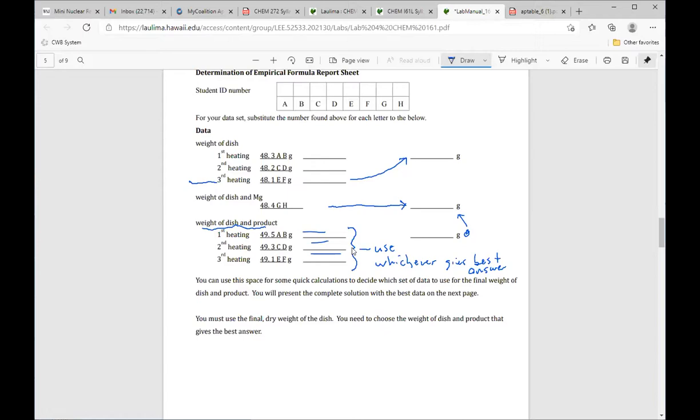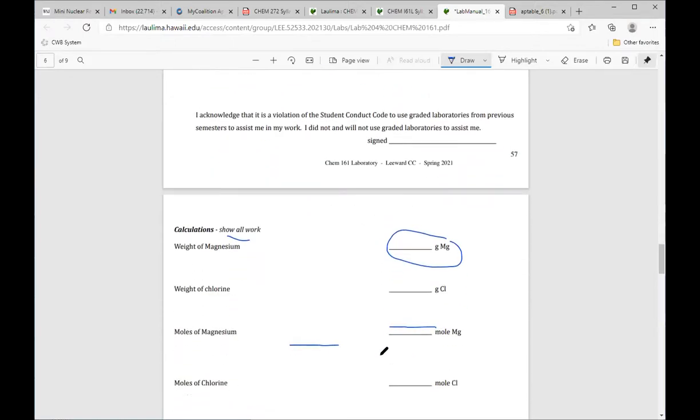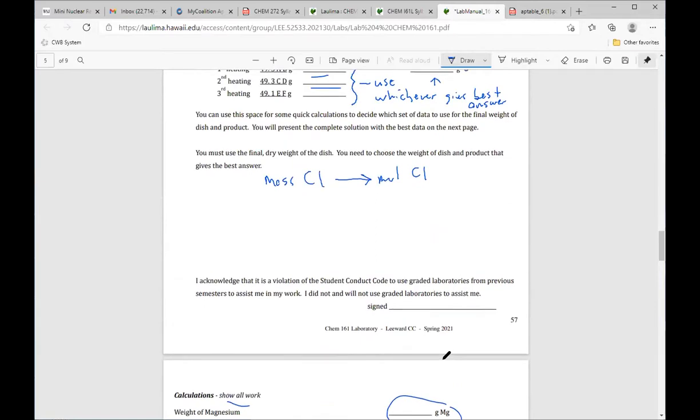And then don't write this number in yet. Don't write that number in here. You're going to use this for scrap, right? You'll have a mass of chlorine converted to moles of chlorine.